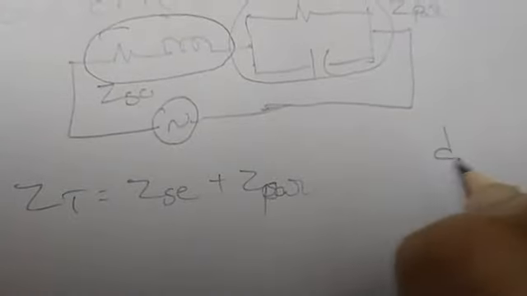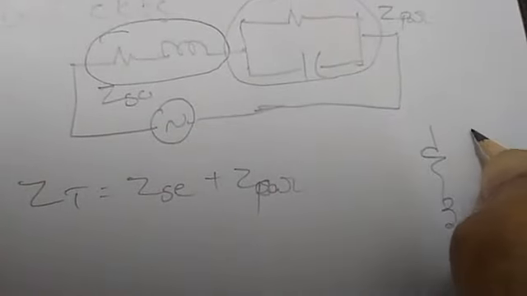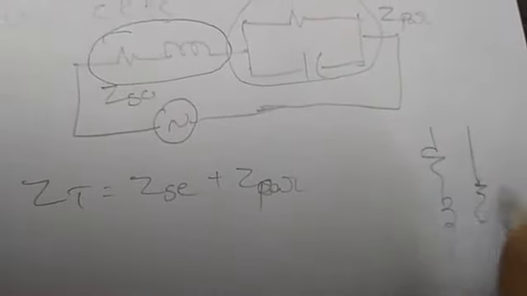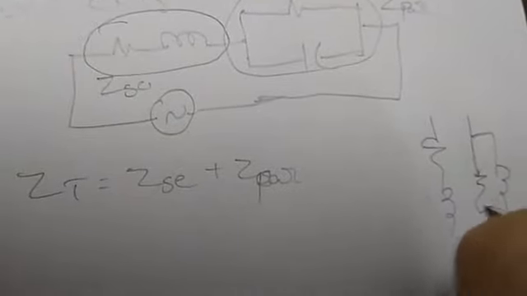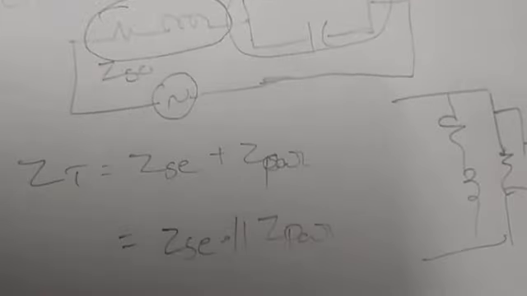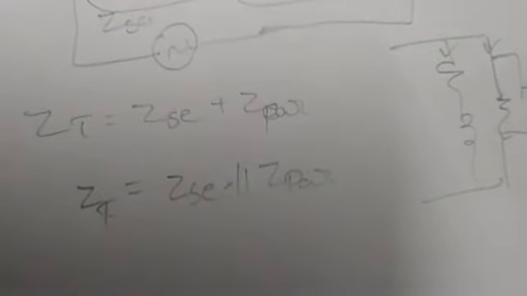For example, if it is like this, the final impedance will be Z series in parallel with Z parallel. Based upon that, we will calculate the voltages and currents of the circuit.